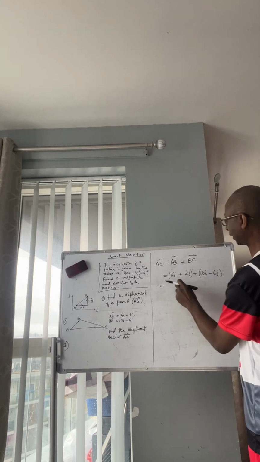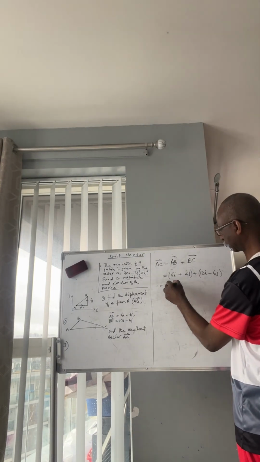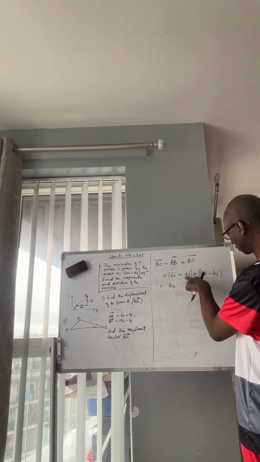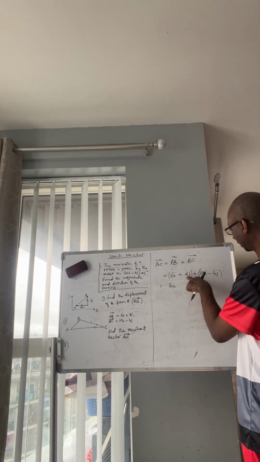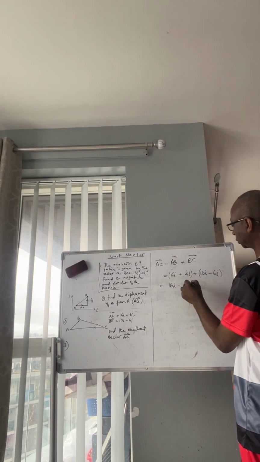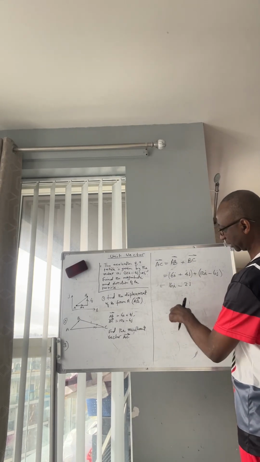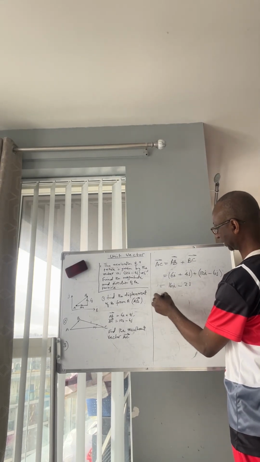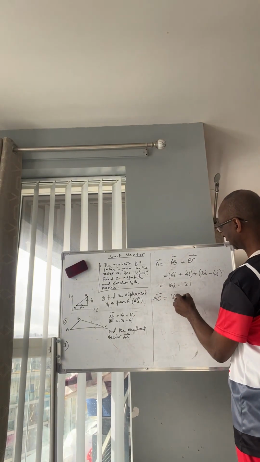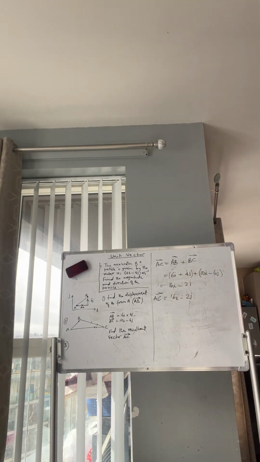So we have here 6i plus 10i, which gives us 16i. And now you have 4j minus 6j, which means you have minus 2j. So this is your resultant vector AC, 16i minus 2j. That's your answer.